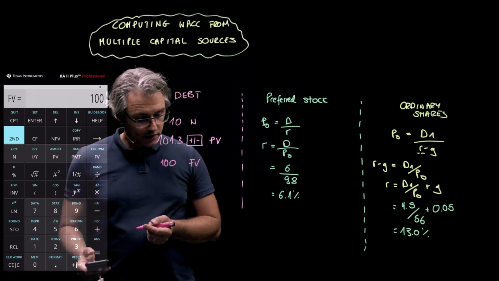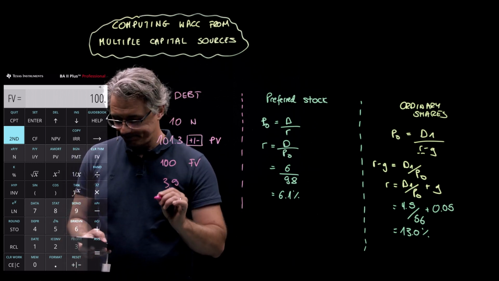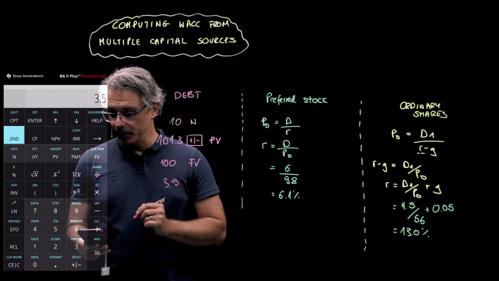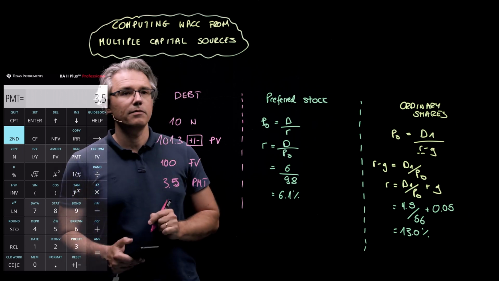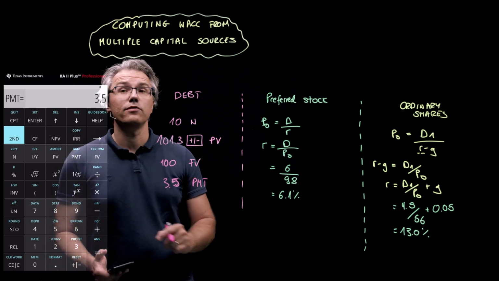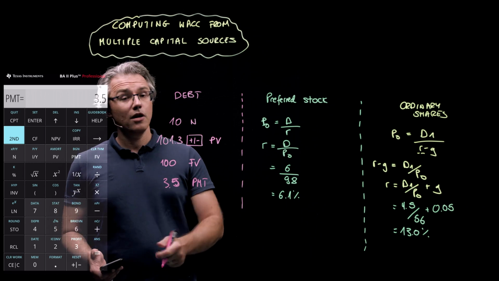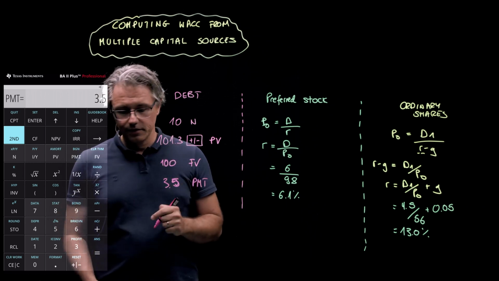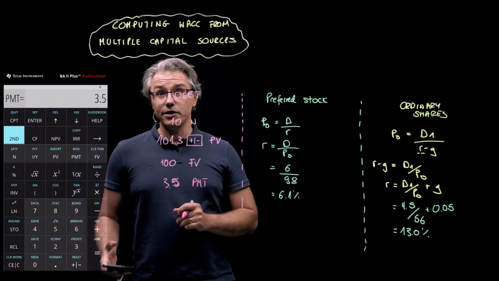Well, the coupon here was 3.5%, so 3.5 followed by PMT. Please note that this 3.5 as well as the 100, both of these inputs were positive, seeing as from an investor's point of view, this is something that investors receive from the bond, for which they paid a certain amount.